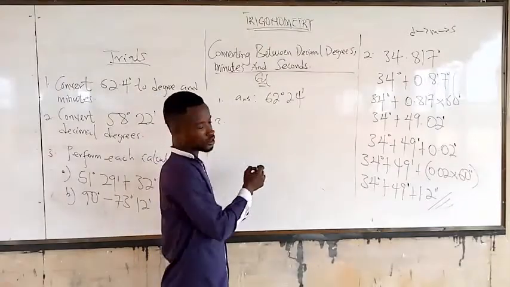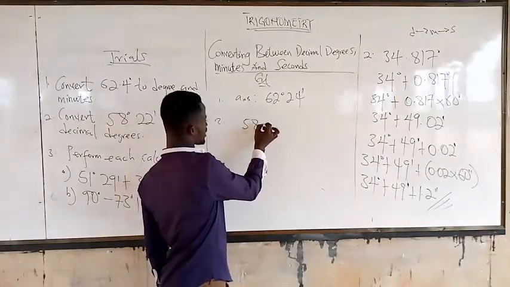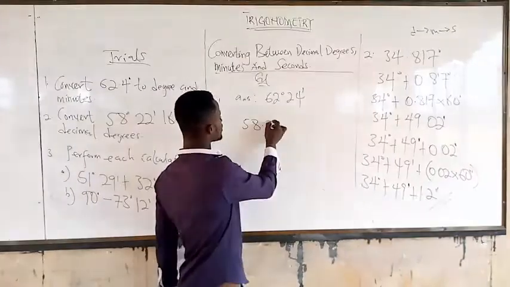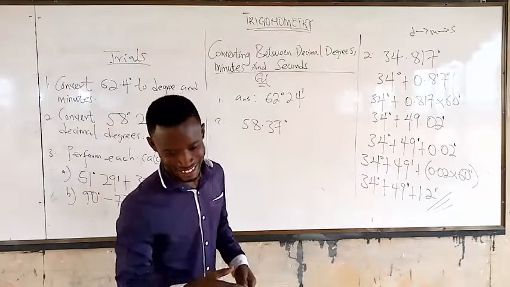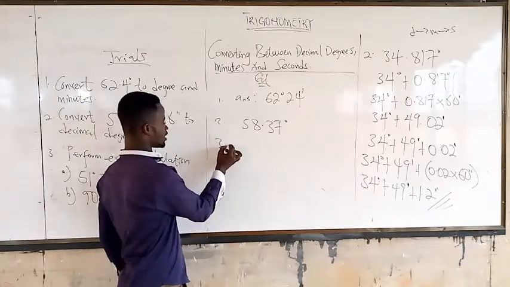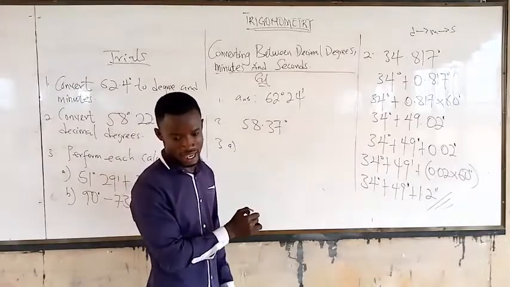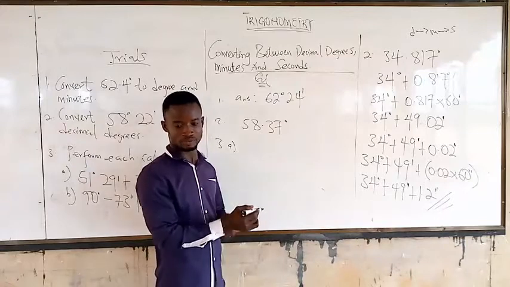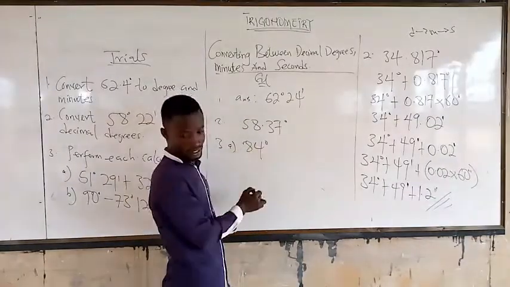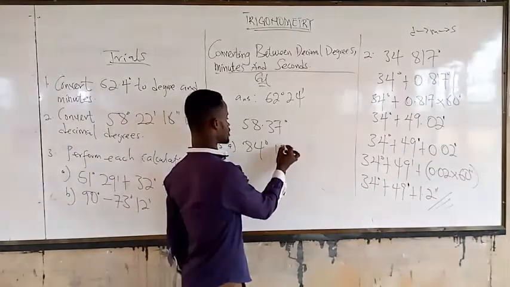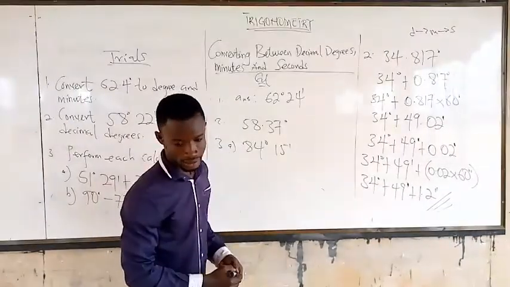And the solution for the second one is going to be 58.37 degrees. Then third one, A is going to be 84 degrees 15 minutes.